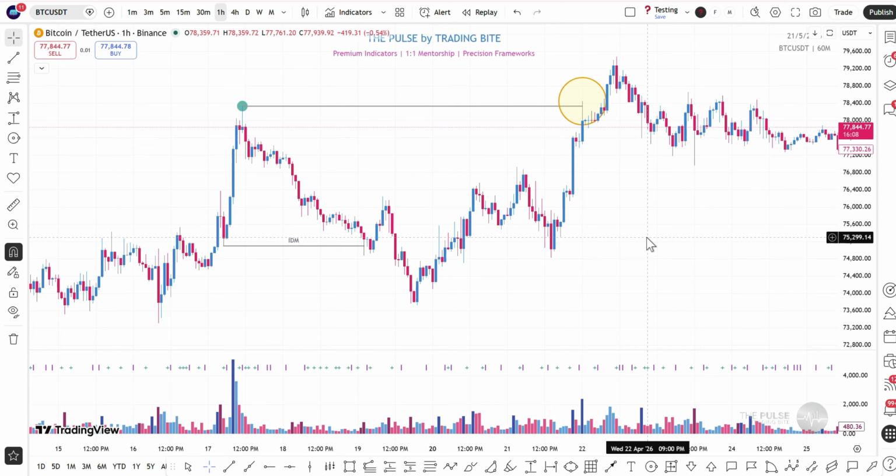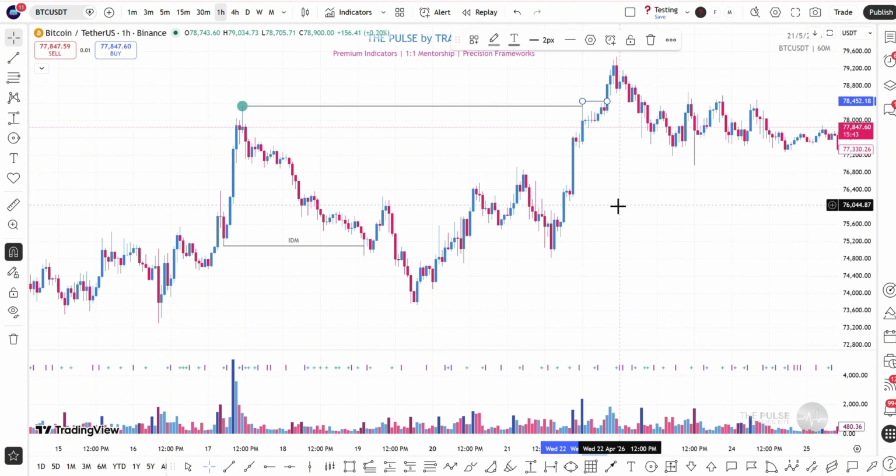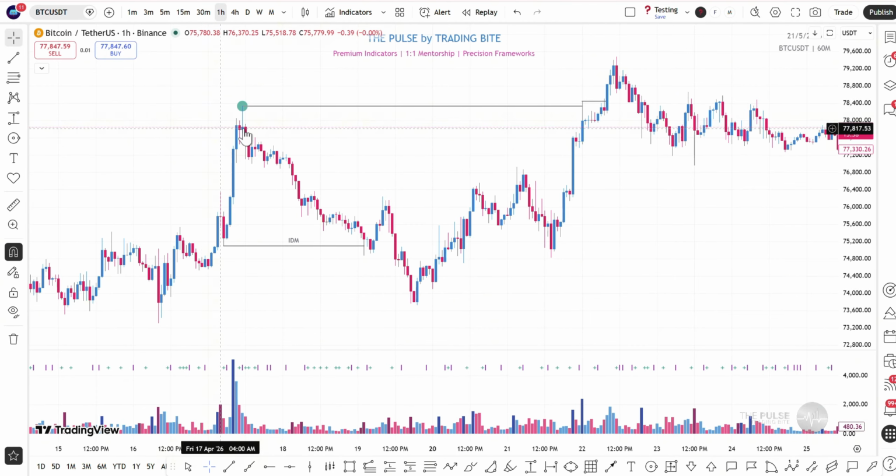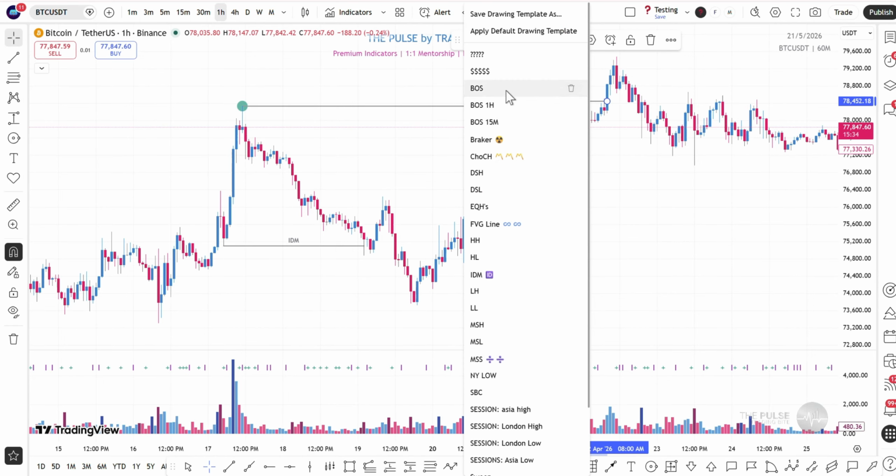Because if we recall the rules for break of structure, the candle body must close above the reference point. At this point the candle body has not closed above the reference point, it has been swept. So we have to wait until a candle body closes above the reference point. Here a candle body has closed above it, so now we can call this a valid break of structure.